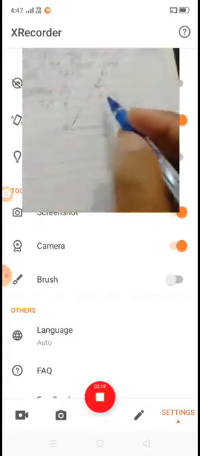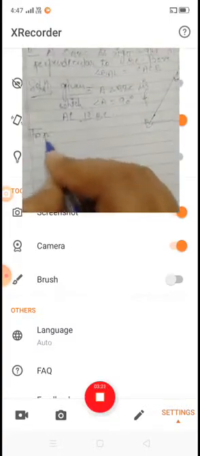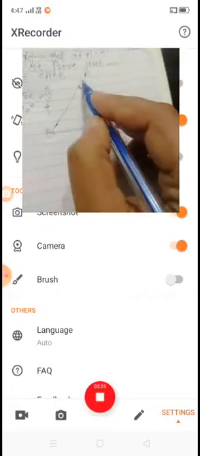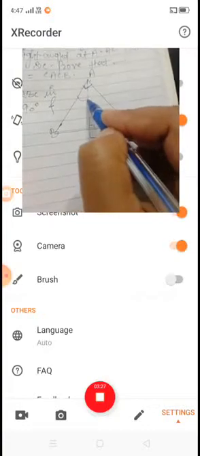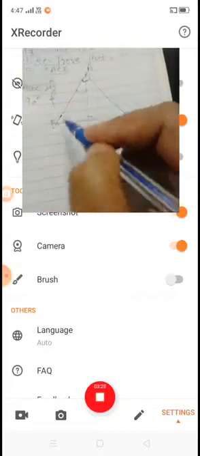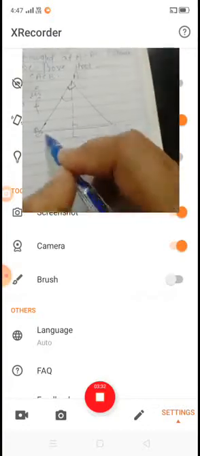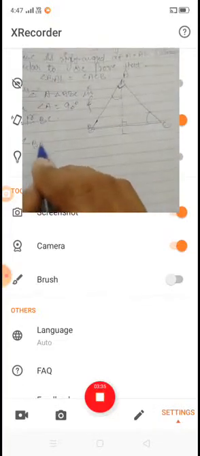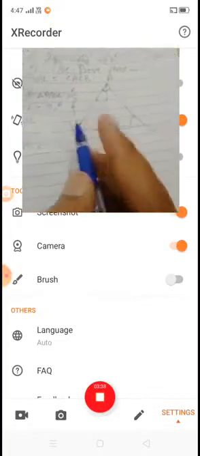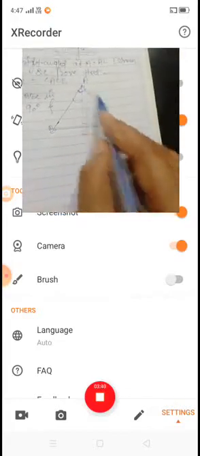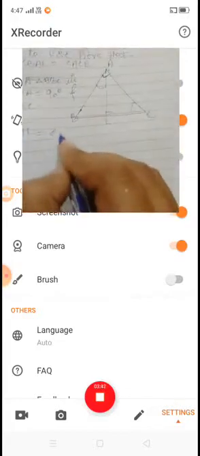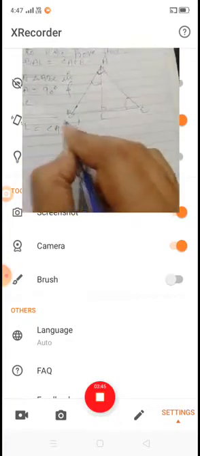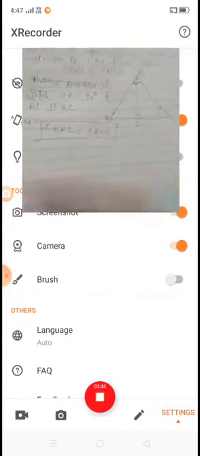Okay, and now we have to prove that angle BAL, that is this angle, is equal to angle ACB, that is that angle. Okay, we prove angle BAL is equal to angle ACB.